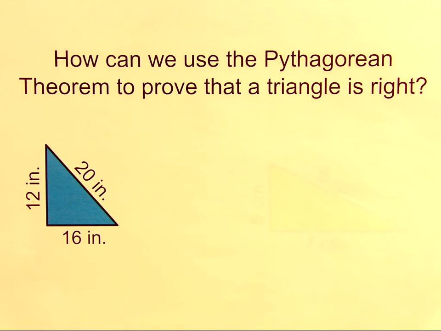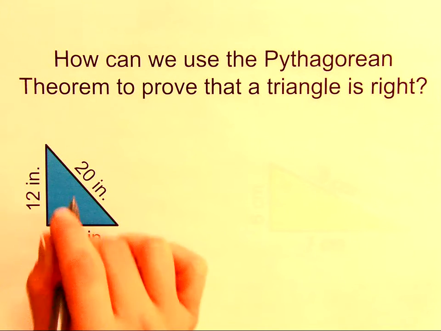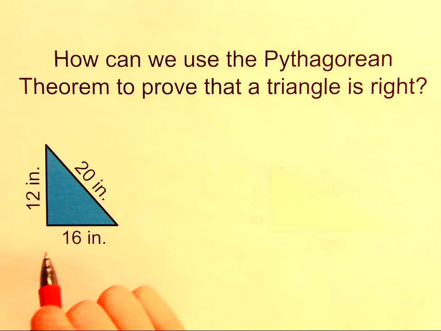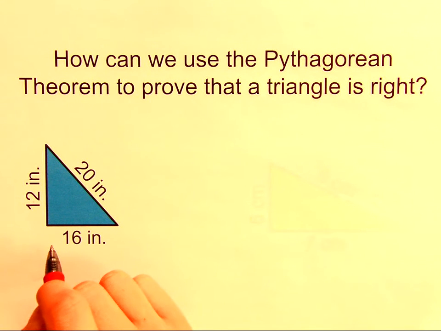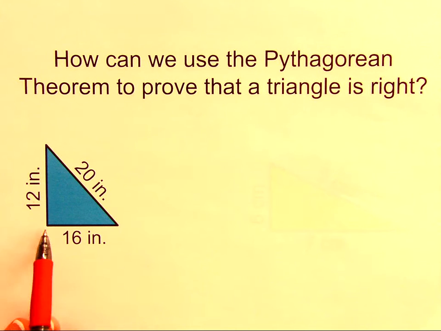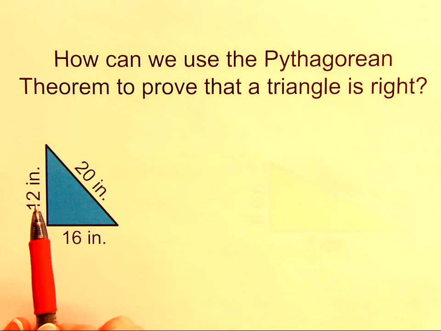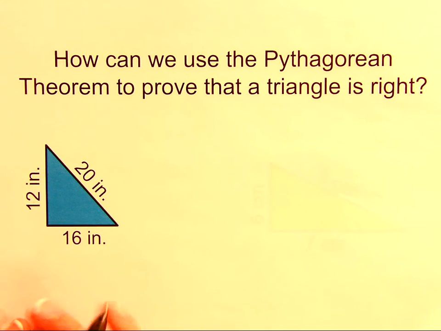In geometry, sometimes we just draw a triangle and label it as a representation, but that might not be a true drawing of what this triangle would actually look like if I make one side 12 inches, one side 16 inches, and one side 20 inches. So it's called not drawn to scale. Don't let the pictures trick you. It's all based on numbers.